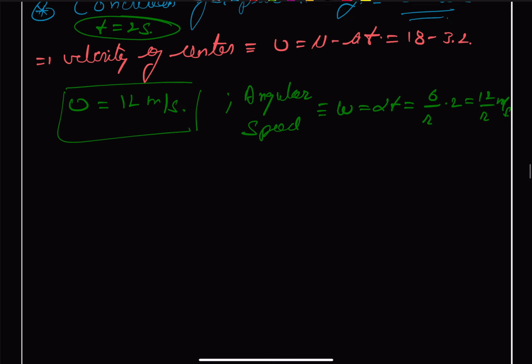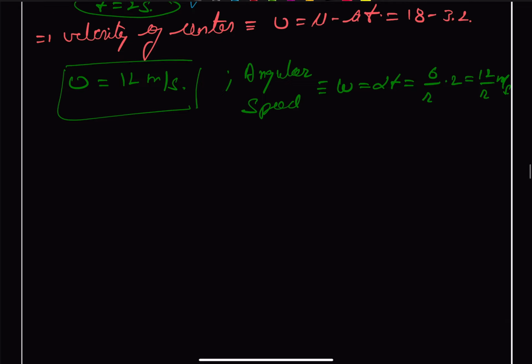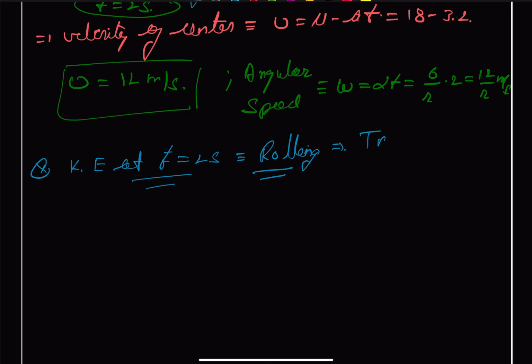And we have to find out the kinetic energy at t is equal to 2 seconds, and at t is equal to 2 seconds there is pure rolling, and under the rolling condition we are going to have two types of kinetic energy, one is translational and the other one is rotational.